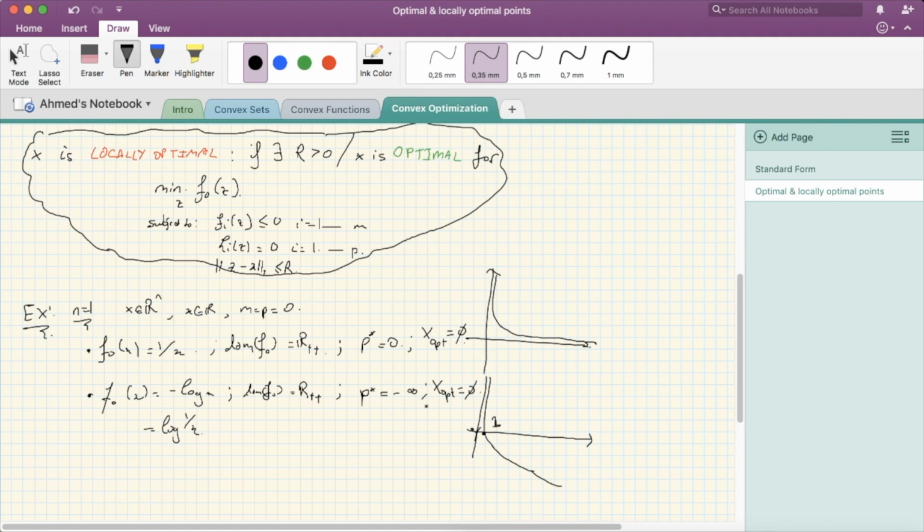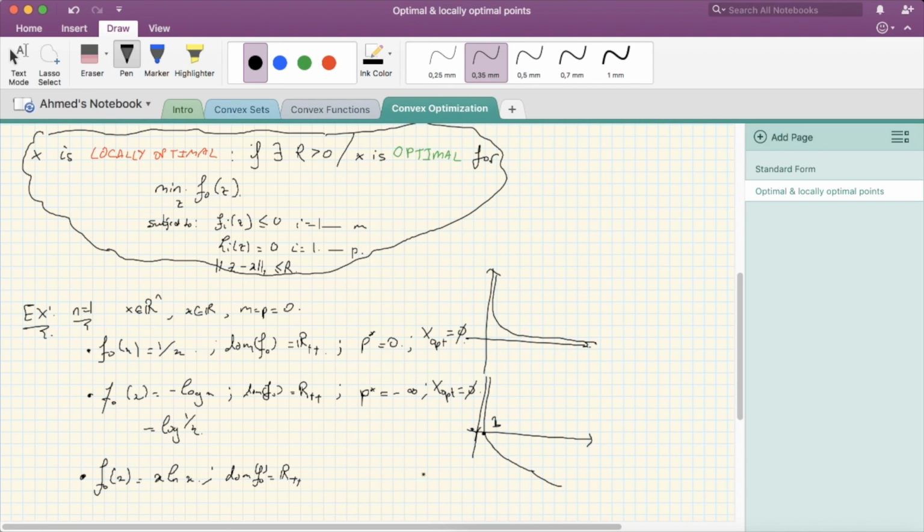Again, because no matter what x you pick, there's always going to be an x that minimizes f0 more, or does better. Another example could be the negative entropy function, x ln x. If we're restricted to R++, again, what is p star in this case?